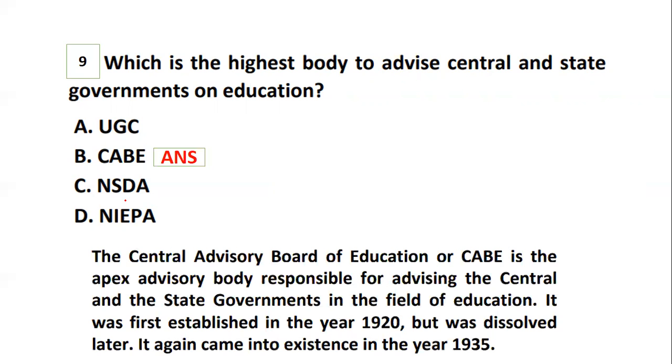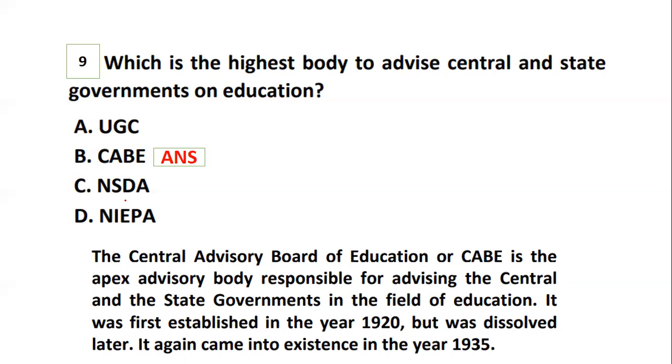Yes, the highest body of education is CABE, which stands for the Central Advisory Board of Education. It is one of the apex, important advisory bodies for advising the central as well as the state government in the field of education. It was first established in the year 1920, but due to certain issues it was dissolved, and it came into existence again in 1935.